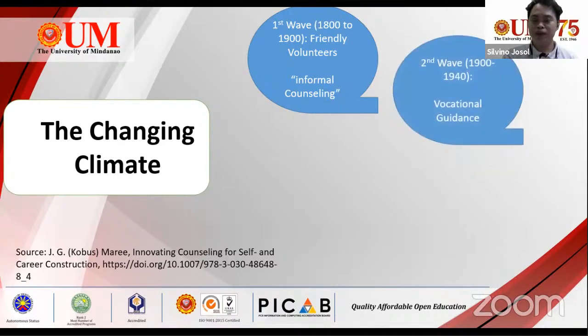On the second wave, around the 1900s to 1940s, is the vocational guidance aspect, meaning there is available industrial manufacturing work in the market, and so almost everyone can apply.